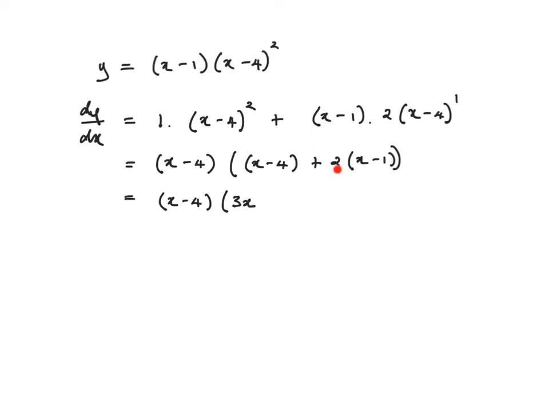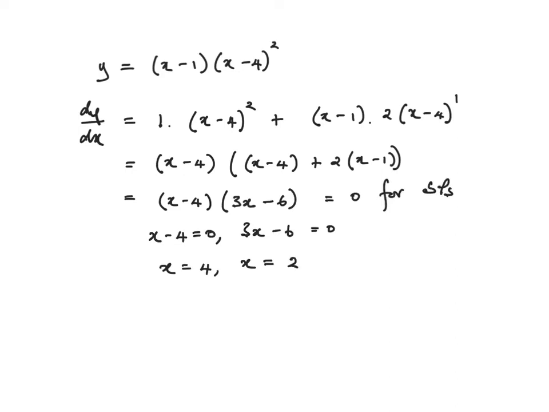And what have we got then? We've got minus 2 minus 4, that's a minus 6. Now that's handy, having it in factorised form. So dy by dx equals 0 for the stationary points, and we'll have x minus 4 equals 0 and 3x minus 6 equals 0, x equals 4 and x equals 2.